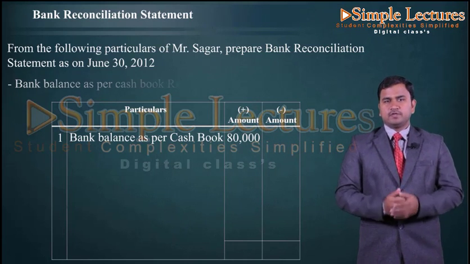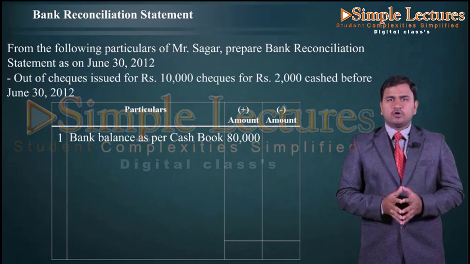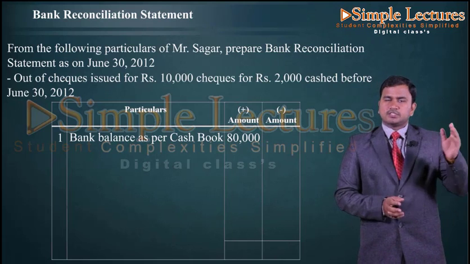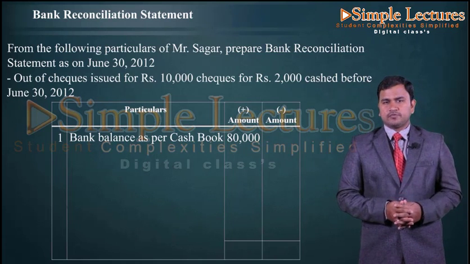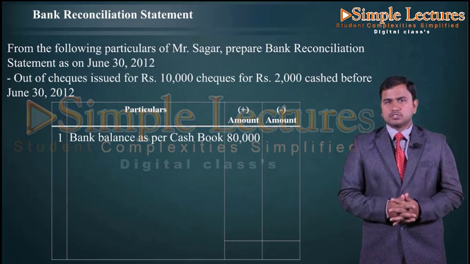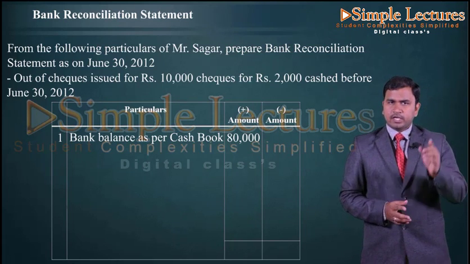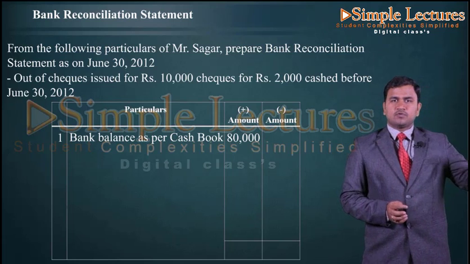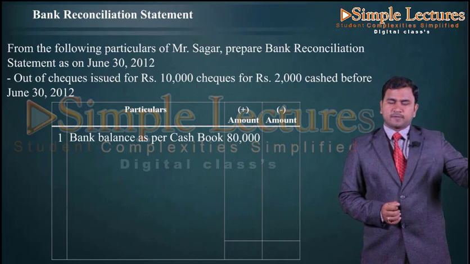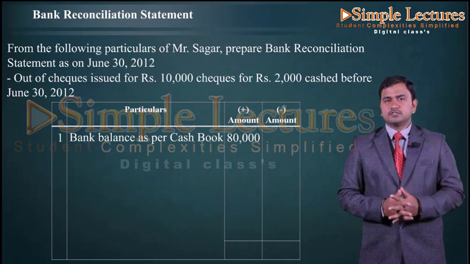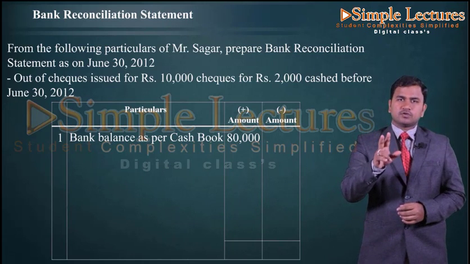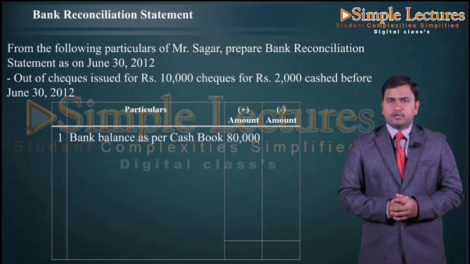Then we have, out of checks issued for rupees 10,000, checks for rupees 2,000 cashed before June 30th, 2012. So here we have issued checks for rupees 10,000. At the time 10,000 rupees was deducted from the cash book, but out of the 10,000 rupees check only 2,000 worth of cash was encashed.